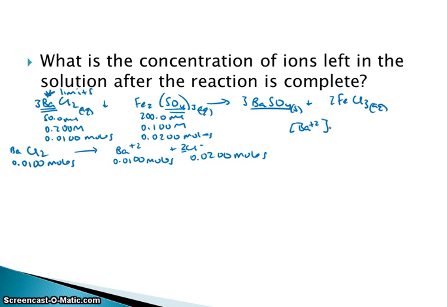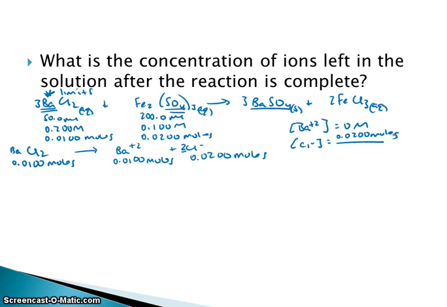mean concentration or molarity. Now the barium ions are the limiting reactant, and when we say something's the limiting reactant, it means it gets used up. So its concentration is going to be 0. But there's going to be chloride ions left in the solution. So we want to calculate the chloride ion concentration. None of it reacts, so 0.0200 moles divided by the total volume.